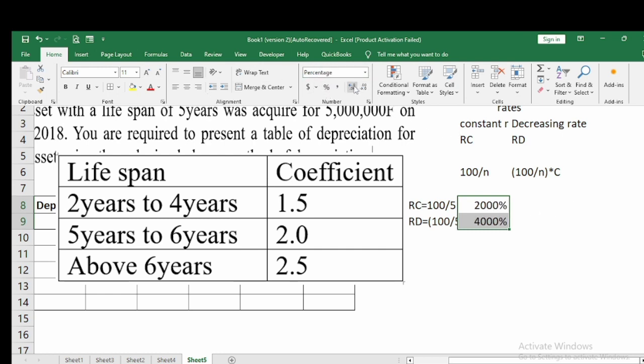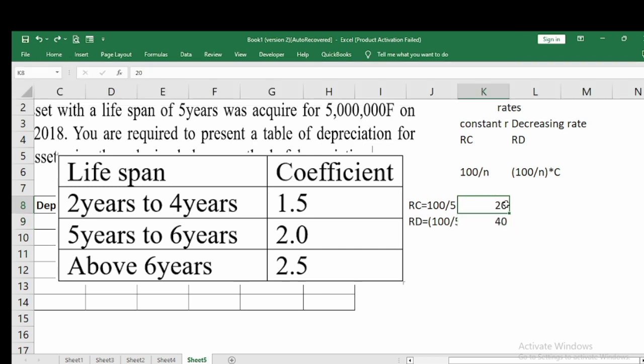So these are the rates we are going to be using in our question.